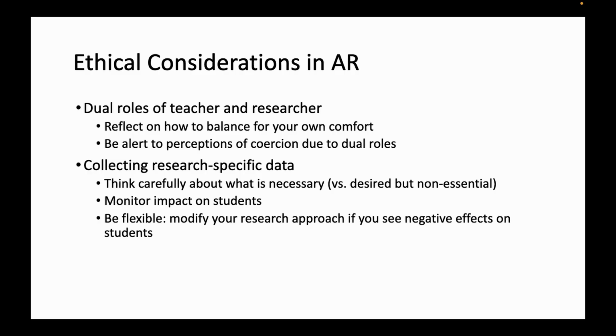And also really being flexible, because even the greatest intervention may not be right for your class. And if you start seeing it's just not working or the students are really responding badly to it, it may be time to say, okay, scrapping this, not going to continue with this intervention, we'll do something different to help you learn.